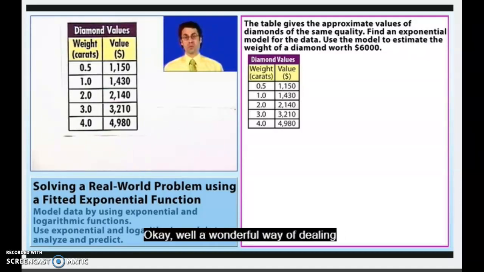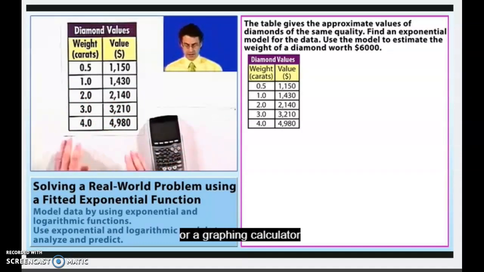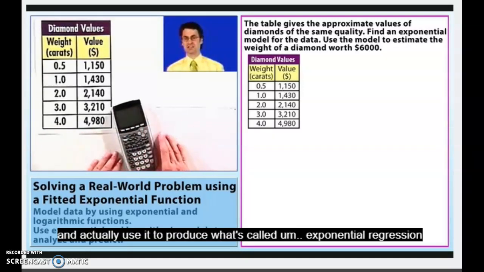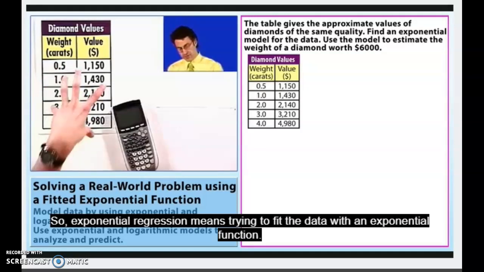Okay, a wonderful way of dealing with this sort of complicated diamonds data is to take out a computer or a graphing calculator and use it to produce what's called exponential regression, in order to figure out what is the exponential function behind the data. So exponential regression means trying to fit the data with an exponential function.